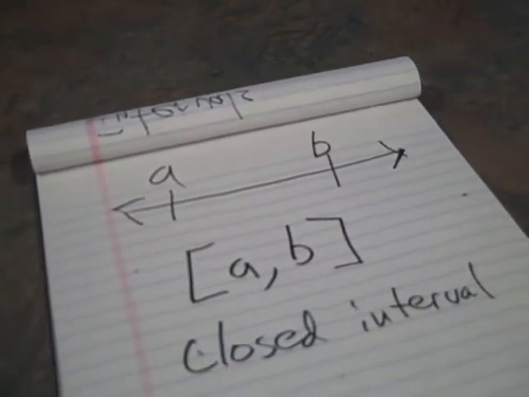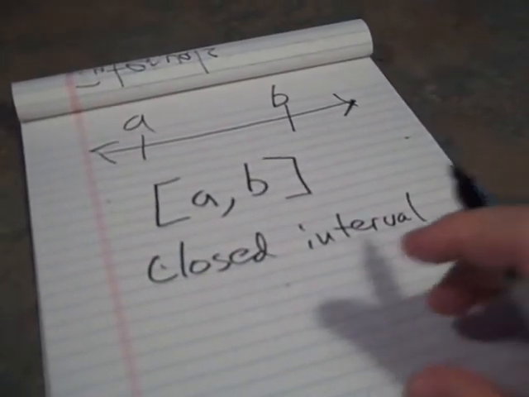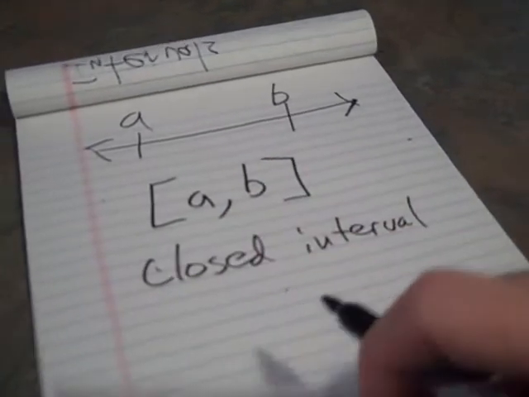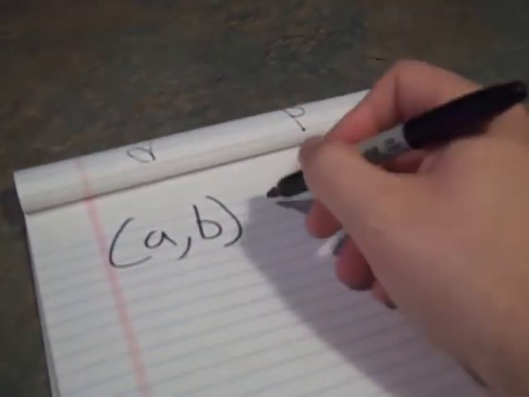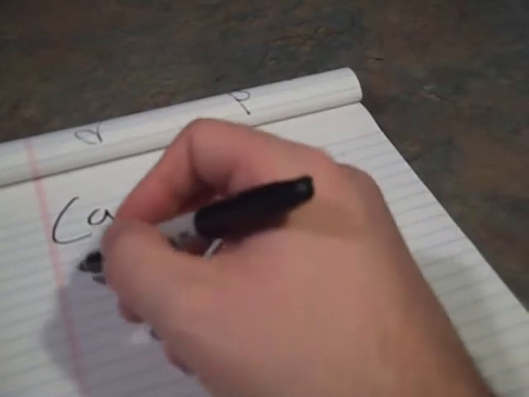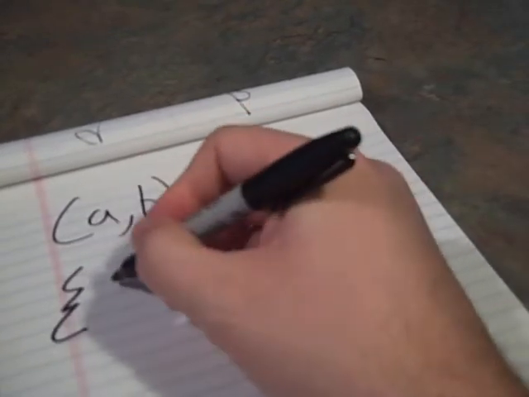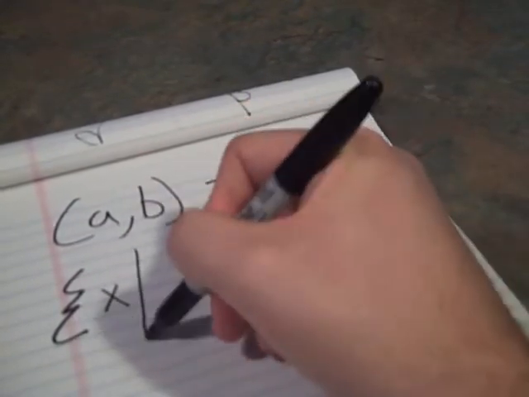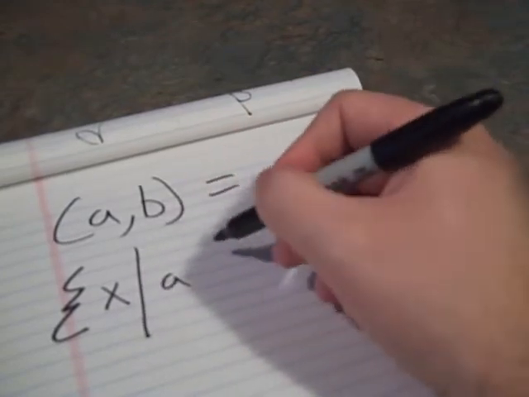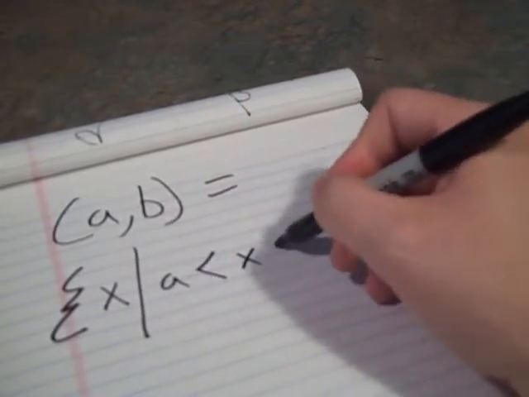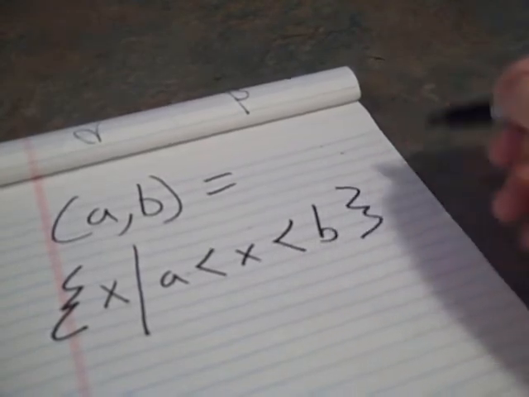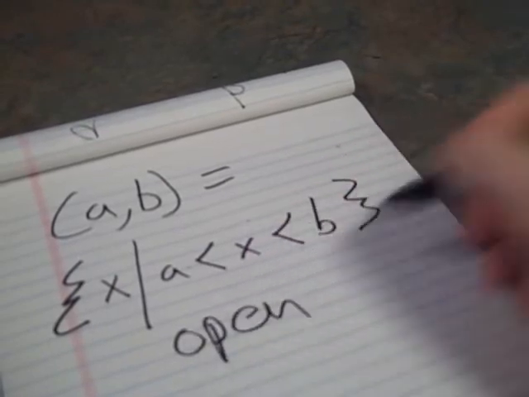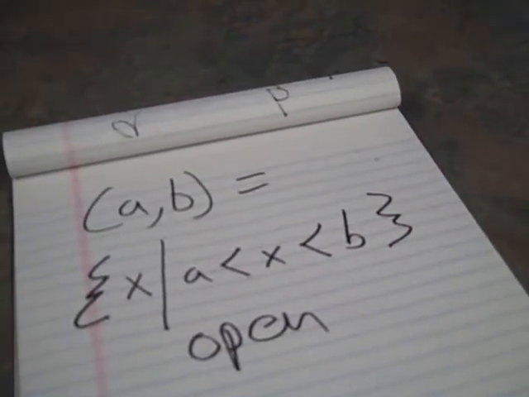All right. And then you can write these formally. If you're going to do the open interval, that's equal to all of the x's such that A is less than x and x is less than B. That's the open interval, right?